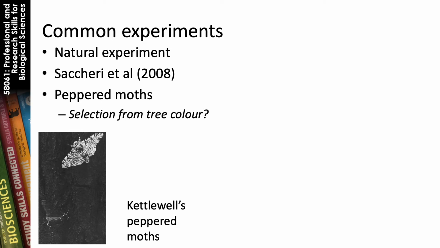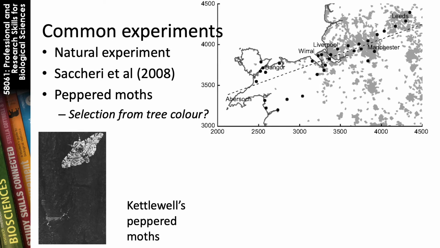where you can see in the picture, you have two forms of moth in England, and Kettlewell in the 50s found that the black form of the moth got protection from predators when sitting on black trees, and the trees were all black around industrial Manchester and Liverpool, whereas the white form was quickly picked off by predators because it was conspicuous.